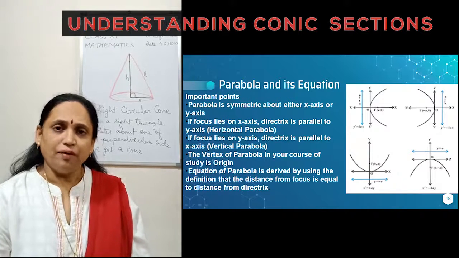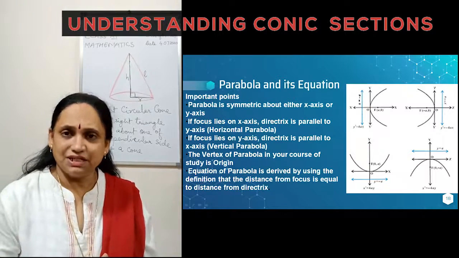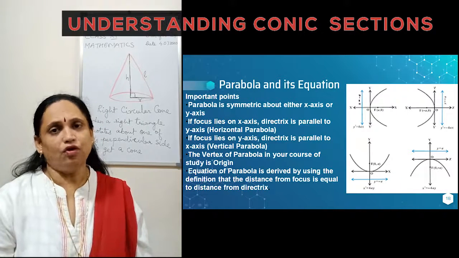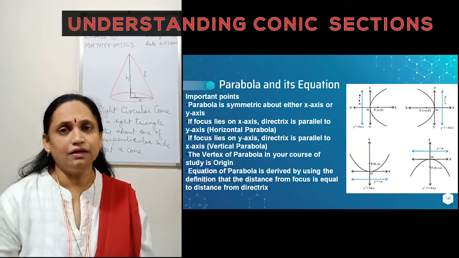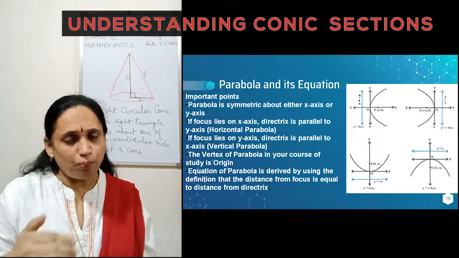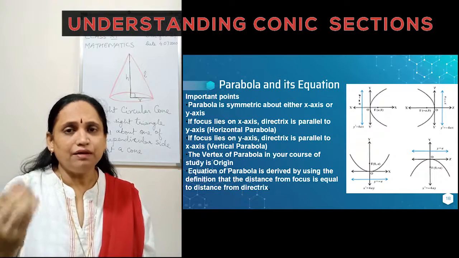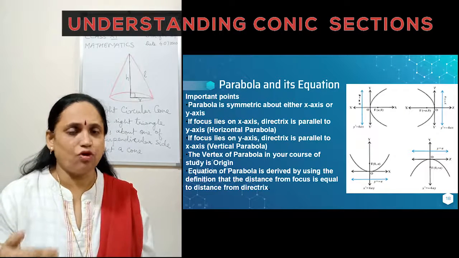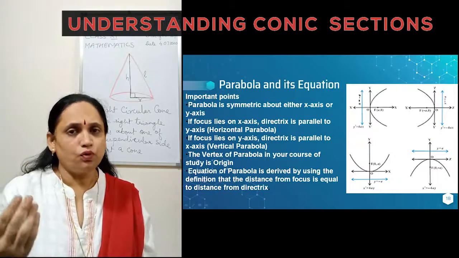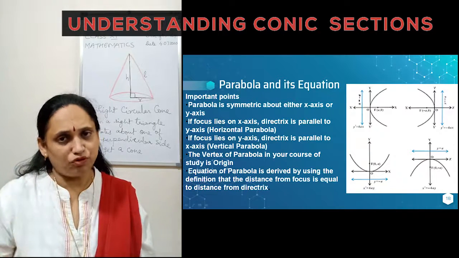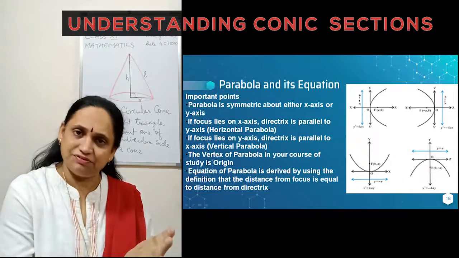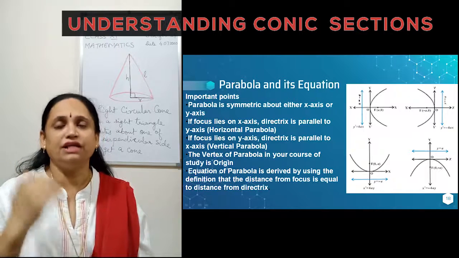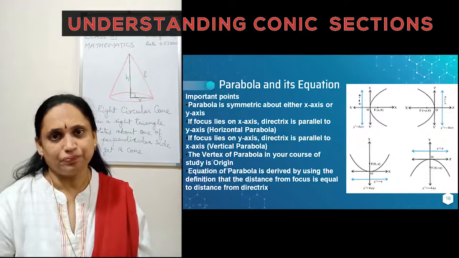When we place this parabola in the Cartesian coordinate system, the vertex is always at the origin, and because it is an open curve, it can be placed on one particular axis on one side. So we can place it either on the positive x-axis or on the negative x-axis, or we can place it on the positive y-axis or negative y-axis.